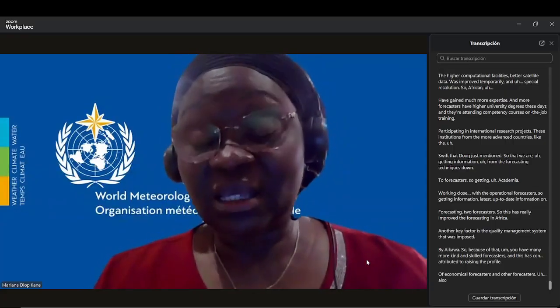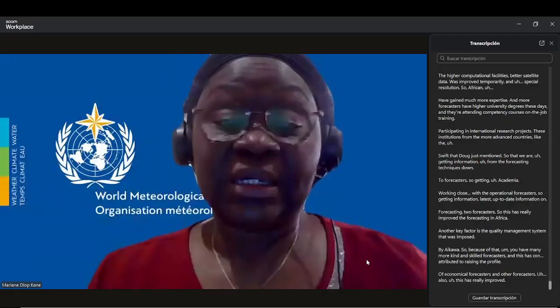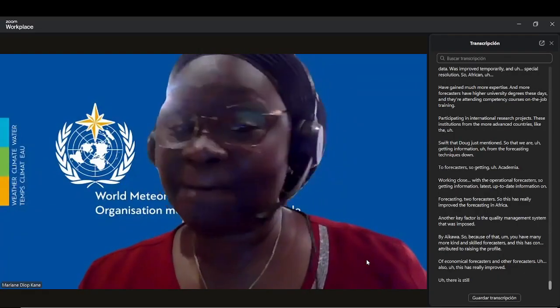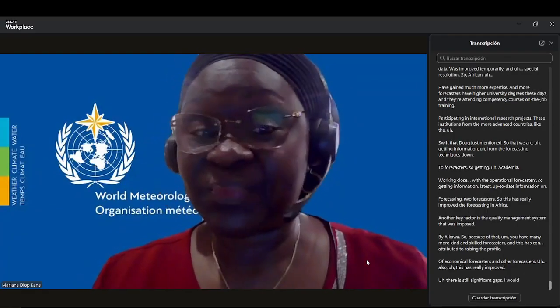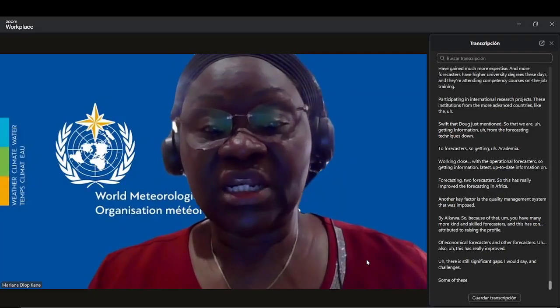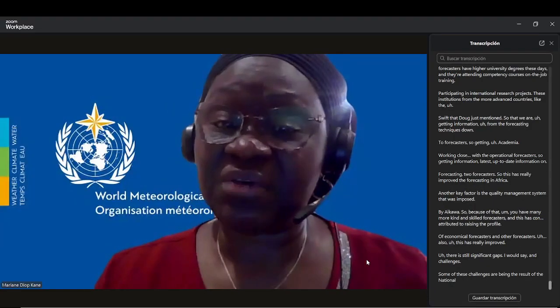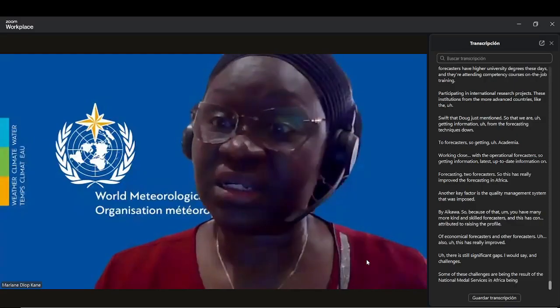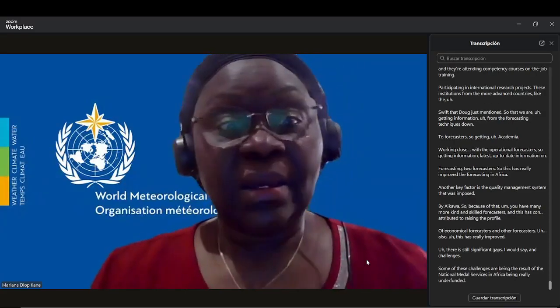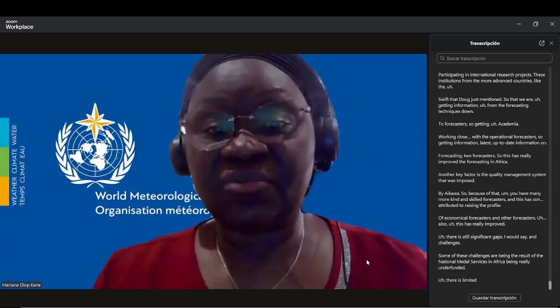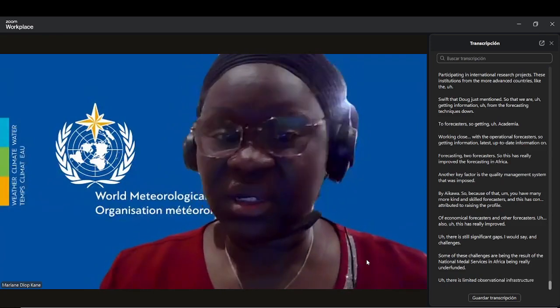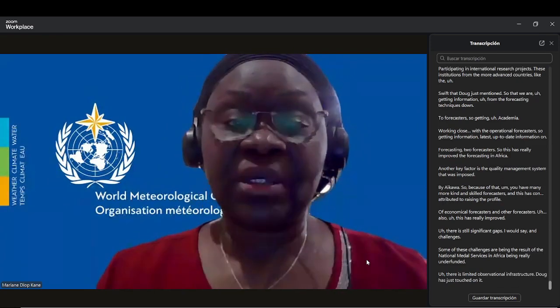Although this has really improved, there are still significant gaps and challenges. Some of these challenges are the result of the national met services in Africa being really underfunded. There is limited observational infrastructure. Doug has just touched on it.